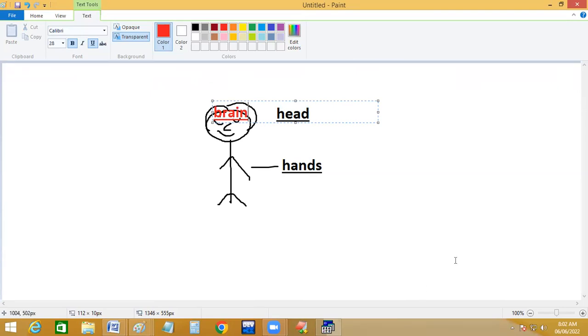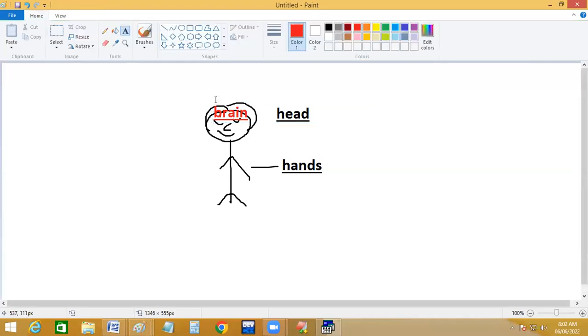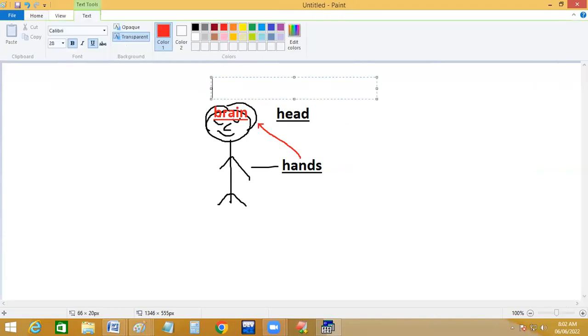Right. Now tell me, it is the head or not? And this one is the hands. Can I say these hands are under control of this brain? Say yes or no? Because inside the brain, we are having a program and that program is controlling all our body parts or not.